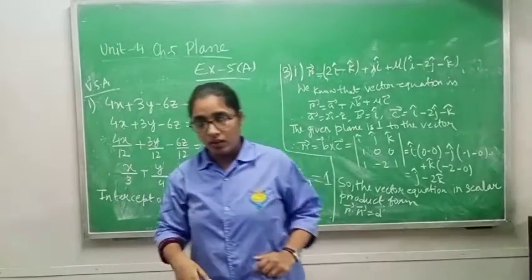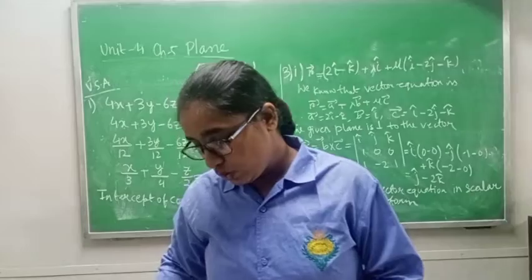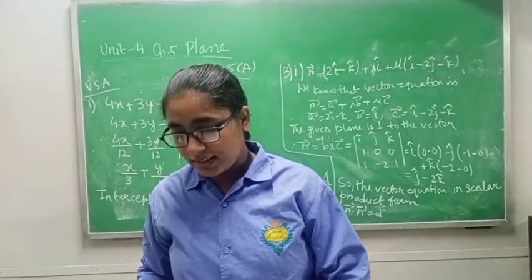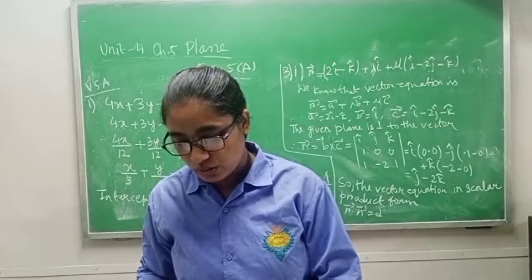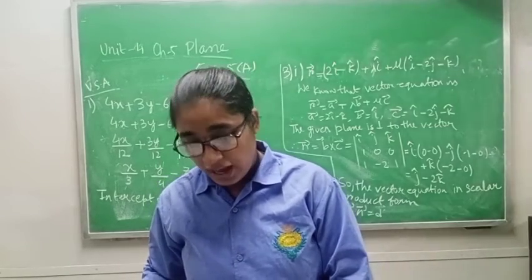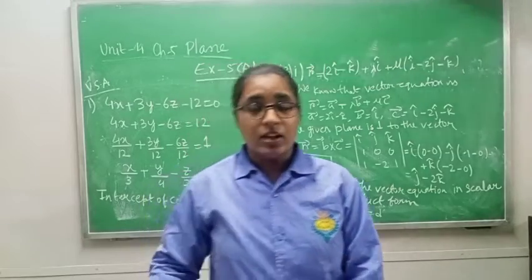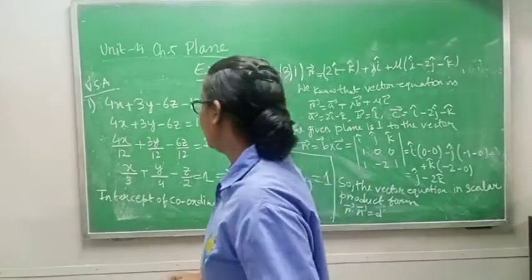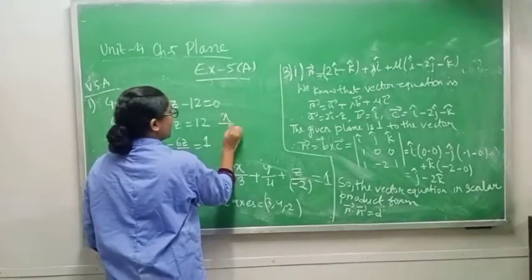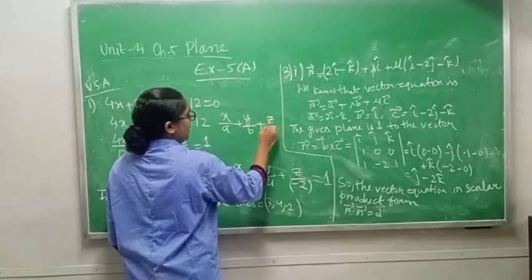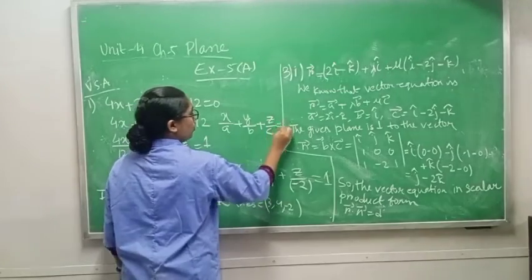Question number 1. Question is, reduce the equation of the plane 4x plus 3y minus 6z minus 12 equals 0 to intercept form and find its intercepts on the coordinate axes. So you know that intercept form is x by a plus y by b plus z by c equals 1.